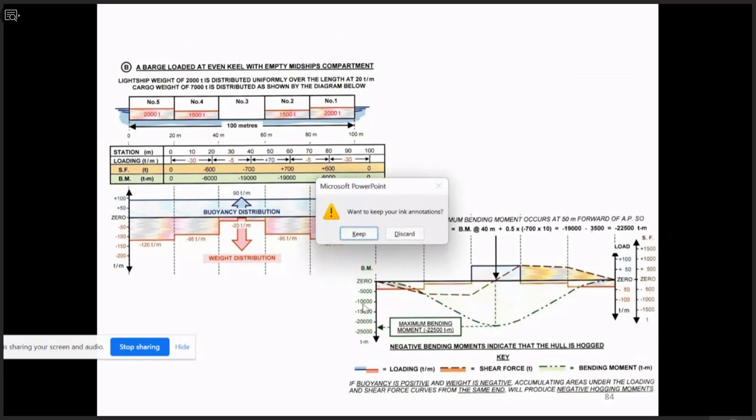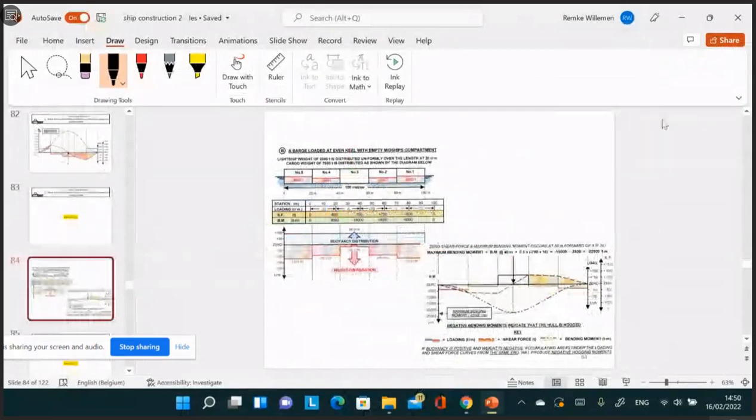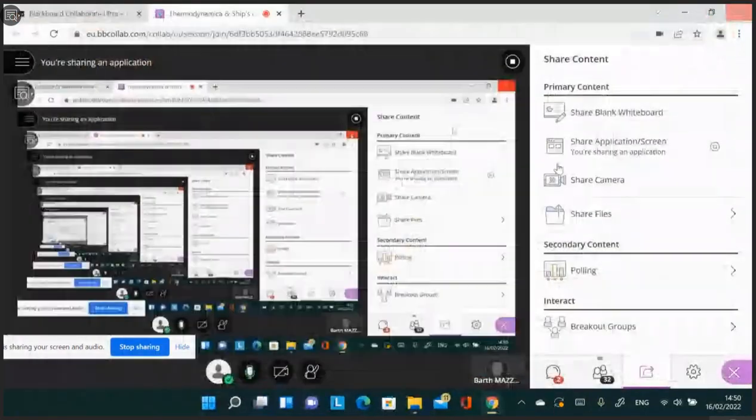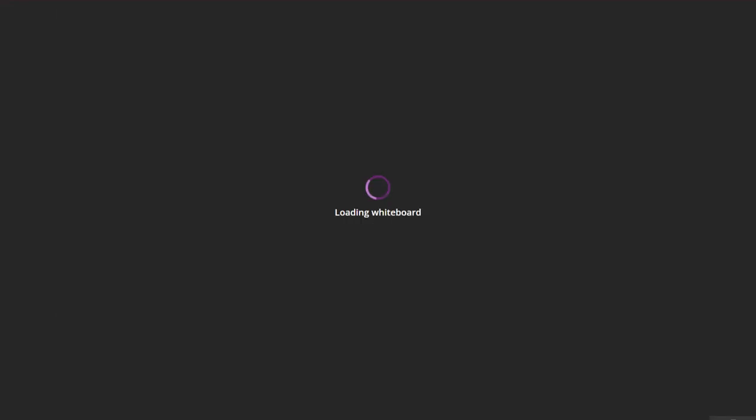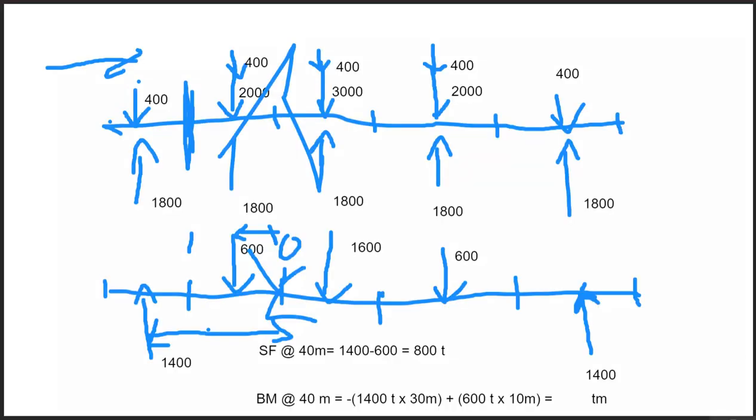Okay, escape. Discard. What I will do, I will quit share screen and I will make you a blank. And we will make an example, clear annotations. So you saw in the presentation, you have quite some solutions, with indeed the curves added onto, so you can easily calculate it yourself at home.